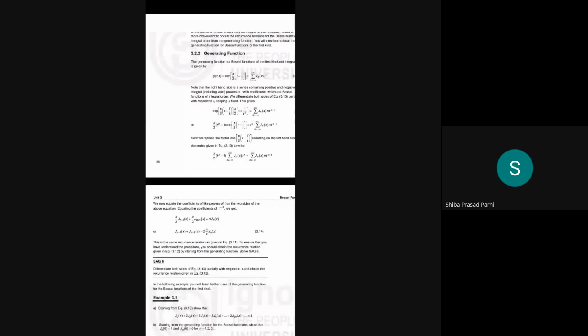Now the generating function of the Bessel function of first kind and integral order is given by g(x, t) equal to exponential of x by 2 (t minus 1 by t), which is equal to summation n equal to minus infinity to infinity Jn(x) t to the power n. Now you solve it and you can find Jn minus 1(x) plus Jn plus 1(x) is equal to 2n by x Jn(x), and this is the same recurrence relation as given in equation 3.11.